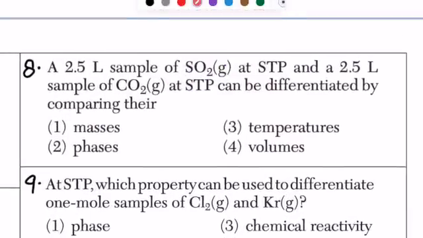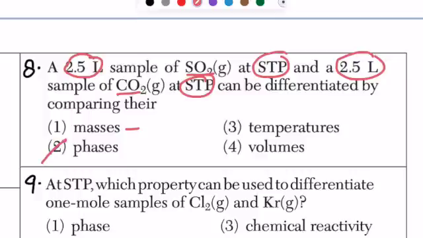A 2.5 liter sample of SO2 gas at STP and a 2.5 liter sample of carbon dioxide at STP can be differentiated by comparing their... so they are 2 different gases, but they are both at STP and they both have the same volume. So how can we differentiate between them? If we compare their masses, there's no information about the masses, so we don't know.